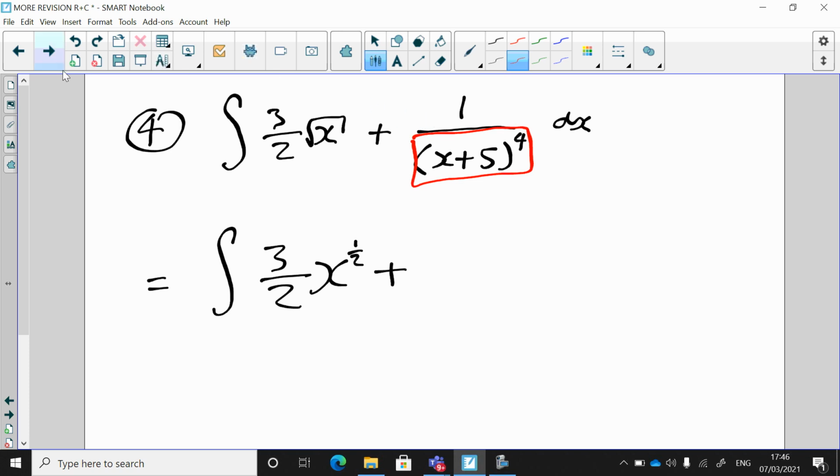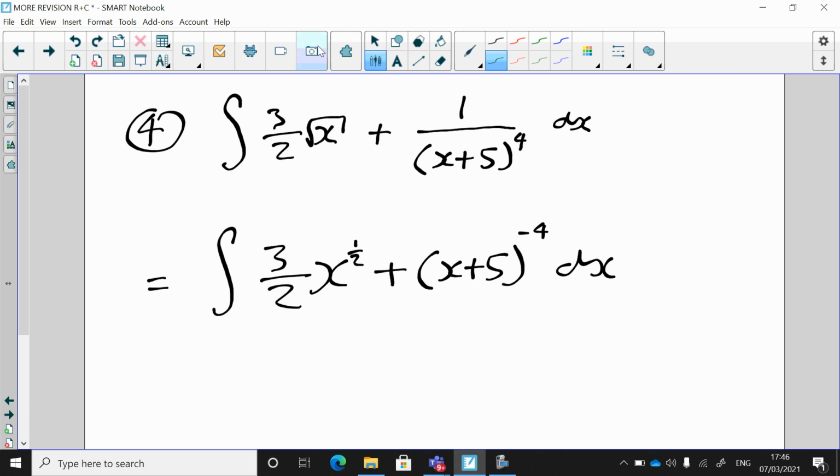We can't integrate it, so we have to bring it upstairs, next to the 1, so it just means a bracket times it. So we're just using my laws of indices here, and when that comes up there, that becomes -4, with respect to x. Right, that looks okay to me.